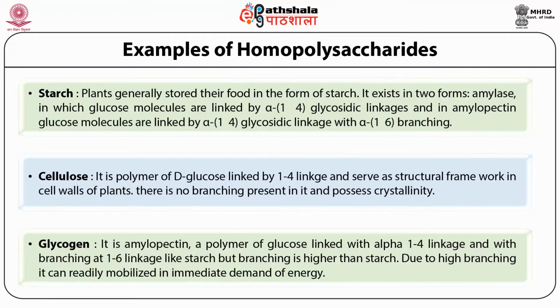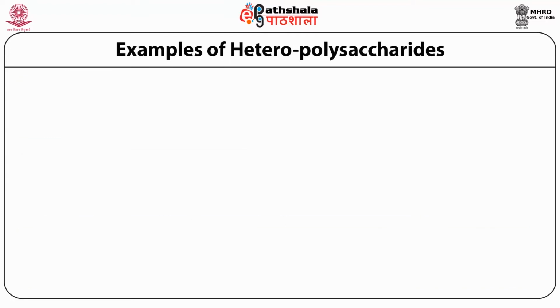Therefore, it is much more soluble than starch. Due to higher branching, it is readily mobilized on immediate demand for energy. That's why in animals, glucose is stored in the form of glycogen, whereas in plants it is stored in the form of starch. Well, following are the examples of heteropolysaccharides.